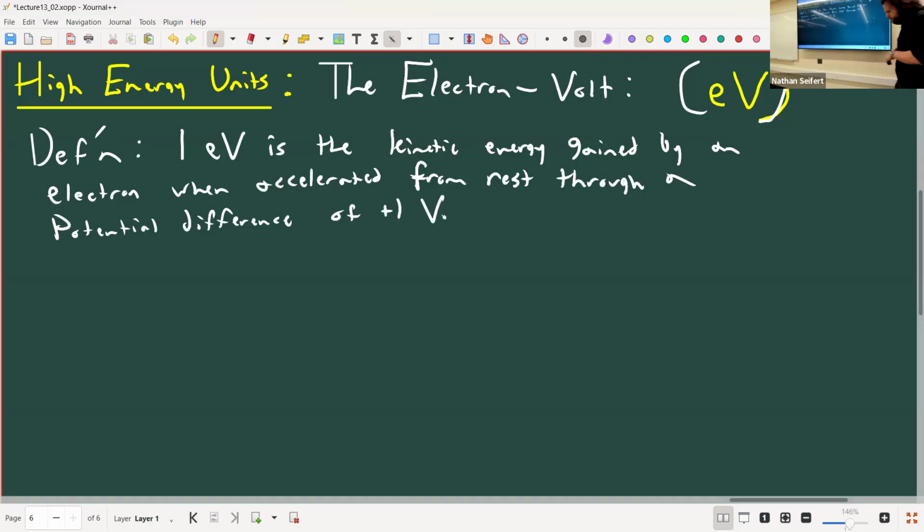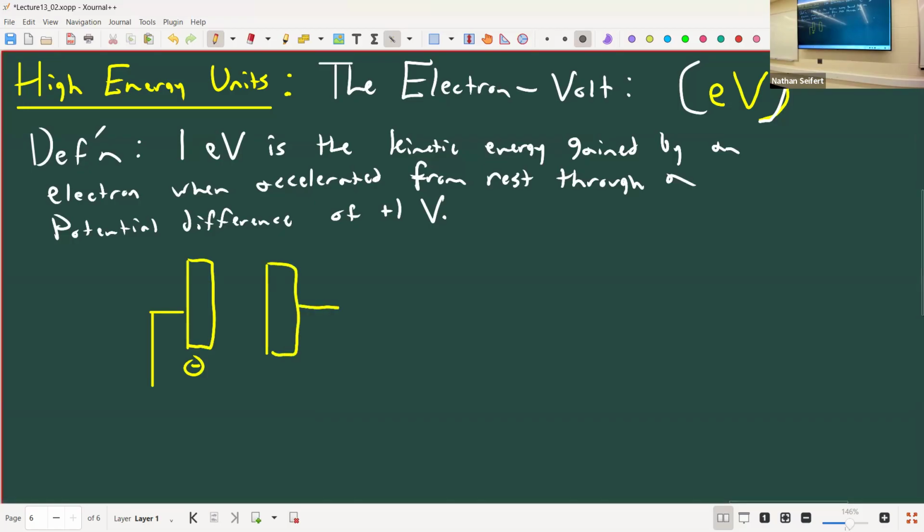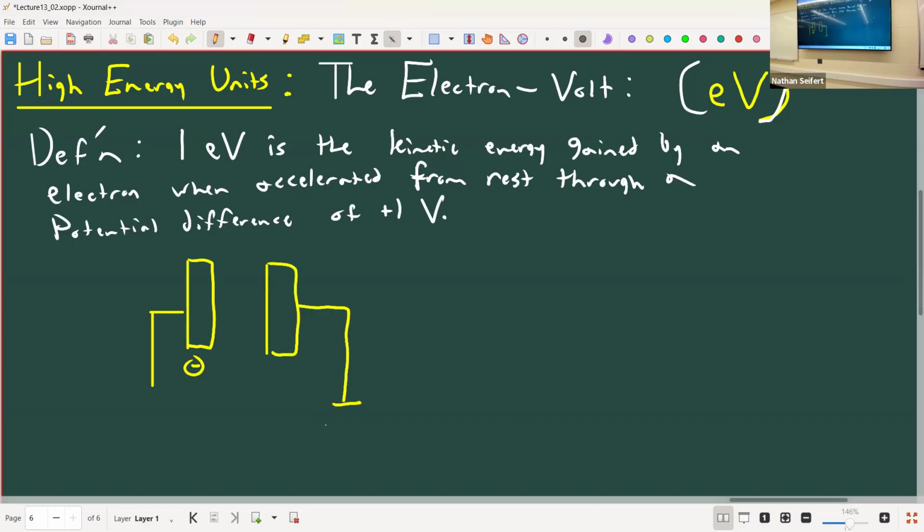Very simple experiment to do. Take 2 metal plates. One's positively charged, one's negatively charged. We'll ground the positively charged plate.